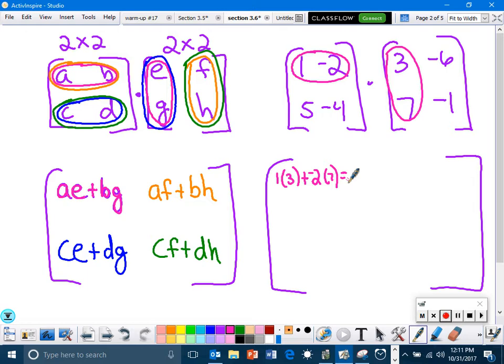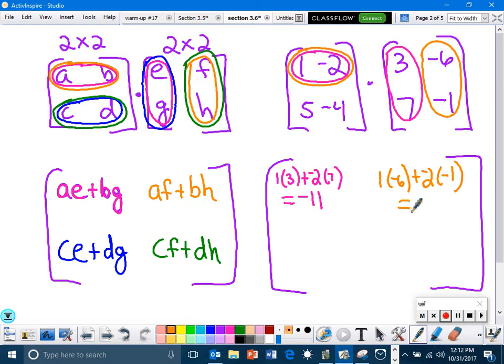Okay, and we solve that. And that gives us -11. All right, now let me do the first row and the second column. So that would be 1 times -6 plus -2 times -1.